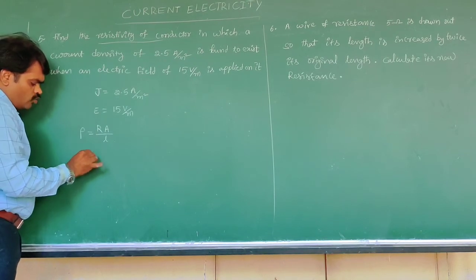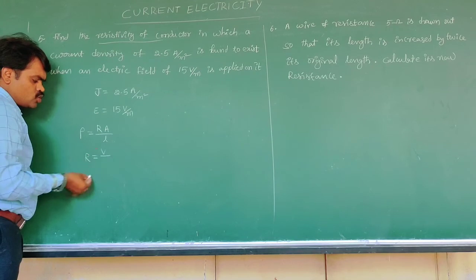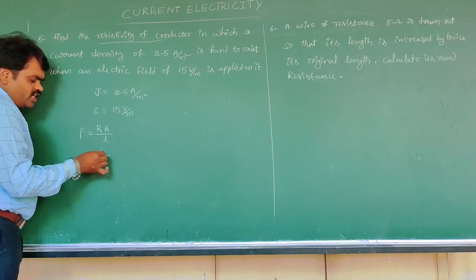Now R is the ratio of potential difference to the current carried by the conductor.